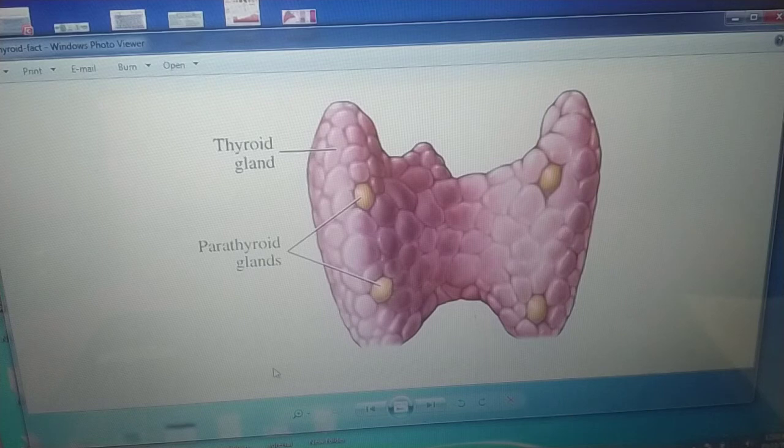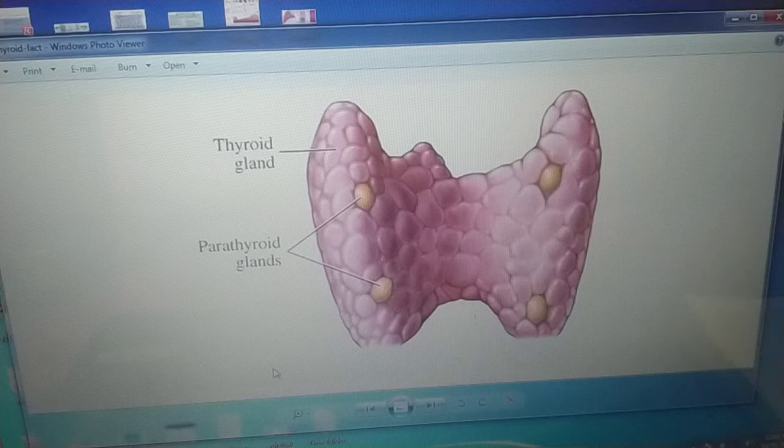Parathyroid is under the feedback control of blood calcium level. That means there is a feedback mechanism, as we have discussed. In 10th class you might have discussed that if the amount of glucagon increases, then the amount of glucose or sugar increases in the blood.